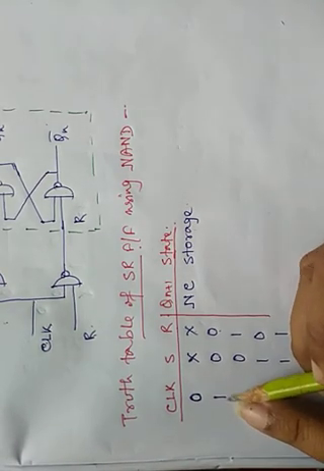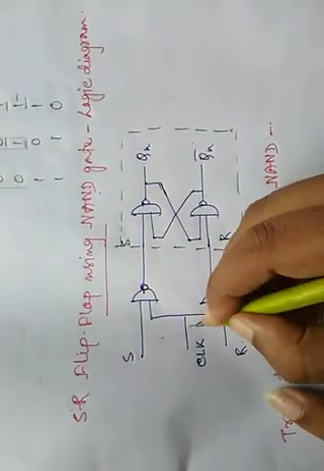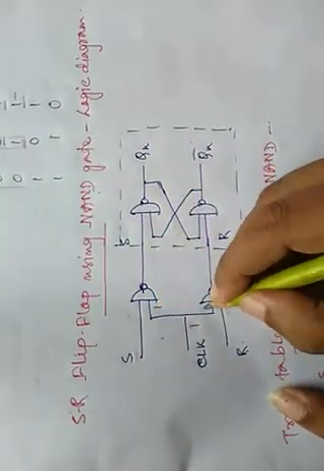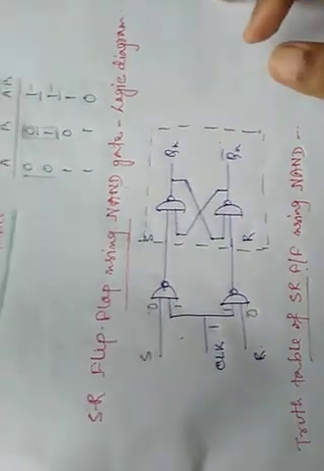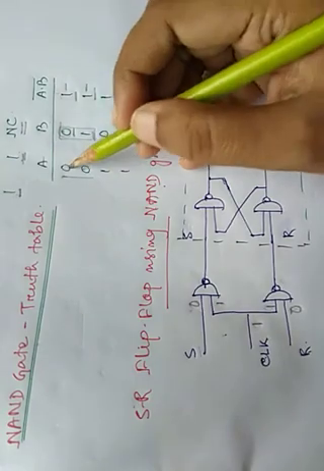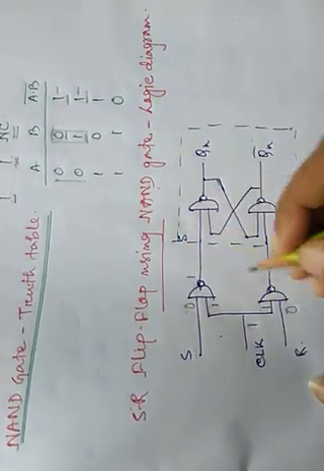Suppose clock is 1, S and R both are 0. So here clock is 1, that means one input signal is 1, S 0, R 0. For a NAND gate we know that if one of the input signals is 0, output is 1. So here output is 1.